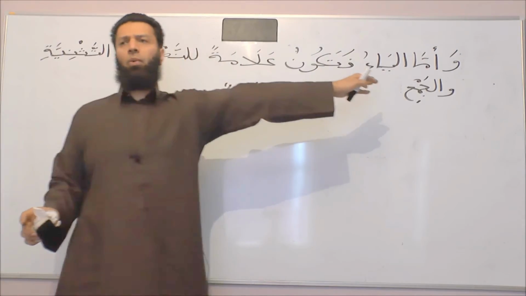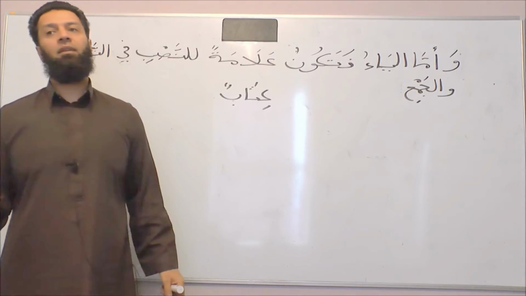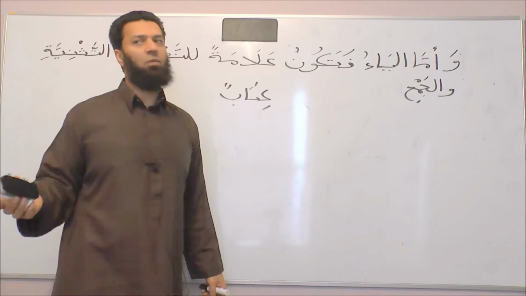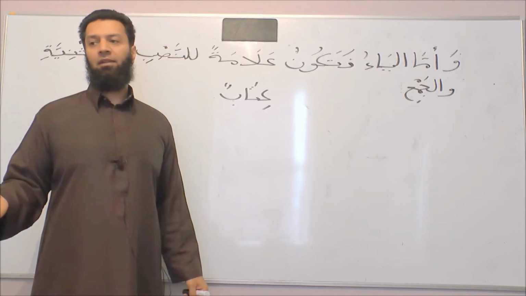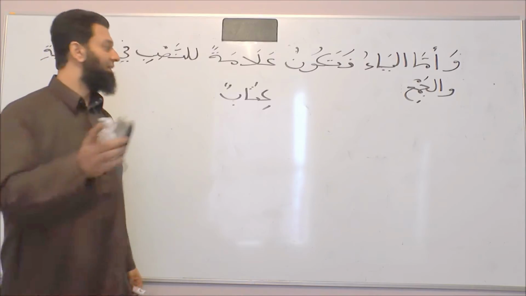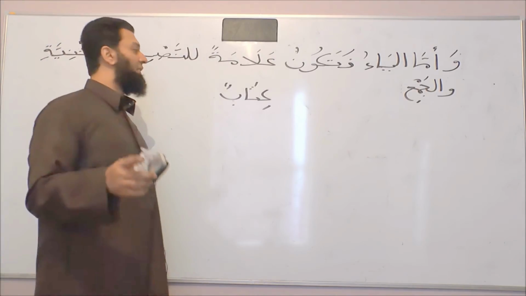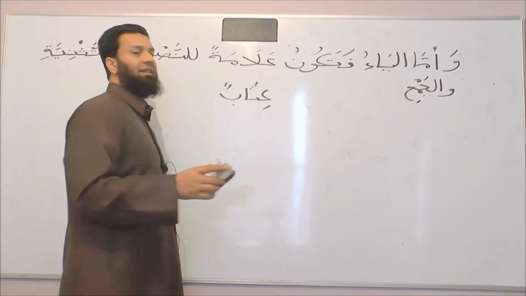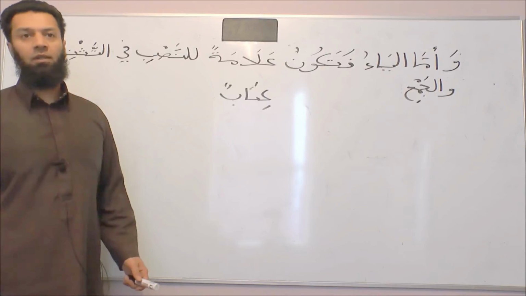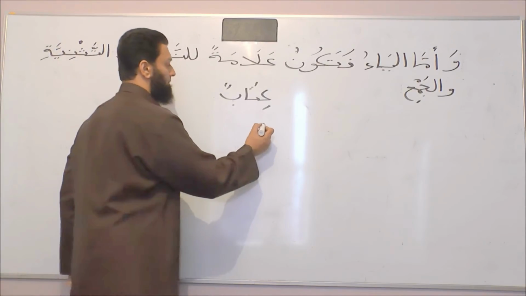When the author rahimahullah mentioned al-jam'i, what's he talking about? The plural, but which plural? It's not mentioned as Salim, so it must be the broken one. If it's the broken plural, what's the plural of kitabun? Kutubun.